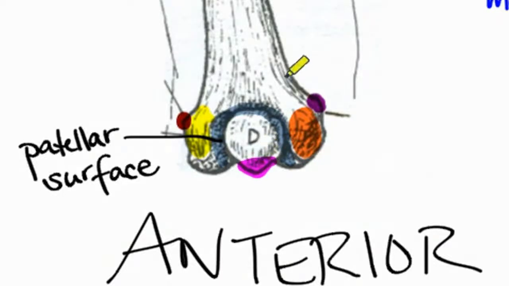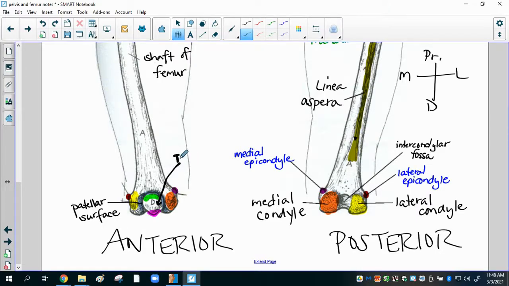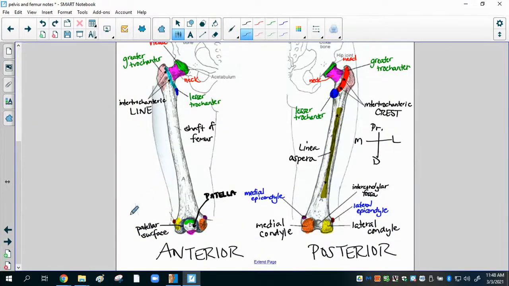Apex, and upper wider section is the base. So that is the patella in place. Letter D. And of course, we don't see it on the back. Instead, we have this very deep cutout called the intercondylar fossa. There you have it, the bony landmarks of the femur.